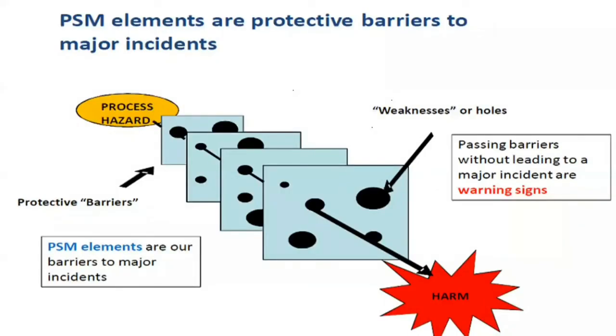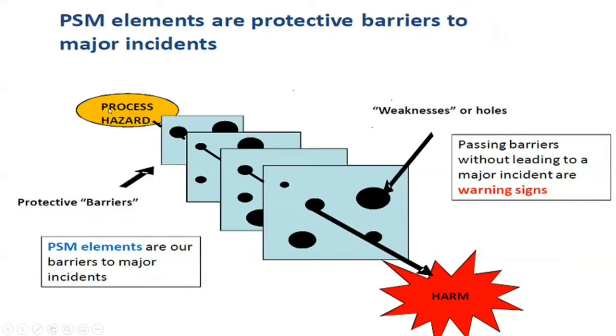Here, by looking at the figure, we find that process safety management sets proactive barriers to major incidents. Process safety management sets the layers of protection and safeguarding to reduce the risk to be accepted. Here is the barrier or layer of protection.